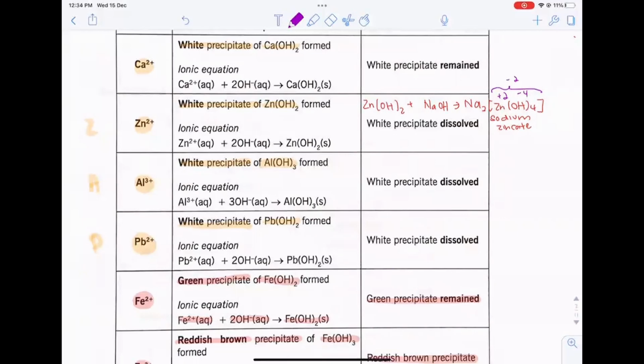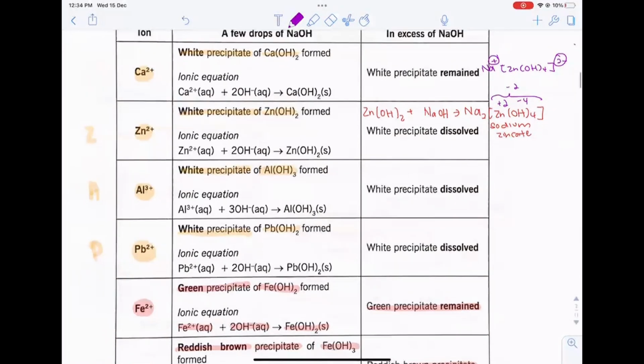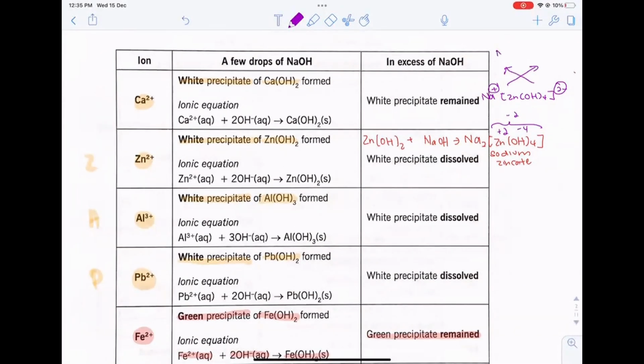It will be Zn(OH)4 2-, and then Na will be Na+. If you swap them, you will get Na2Zn(OH)4. That's how you derive the formula of sodium zincate.